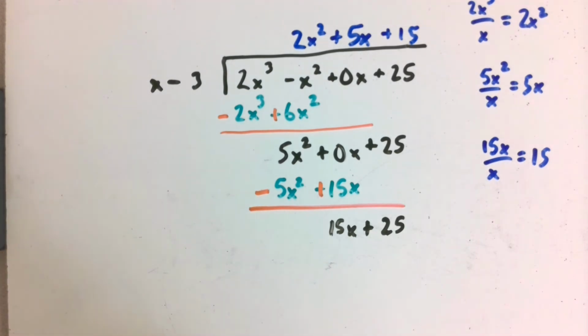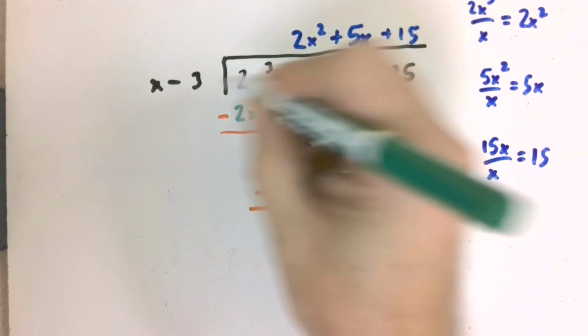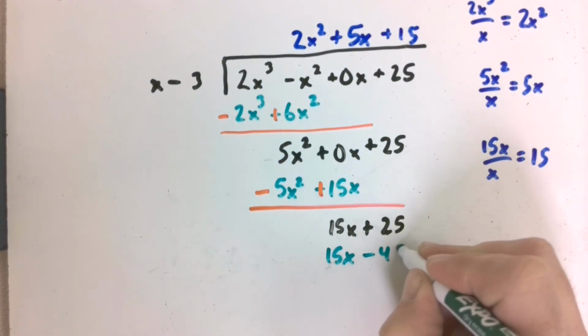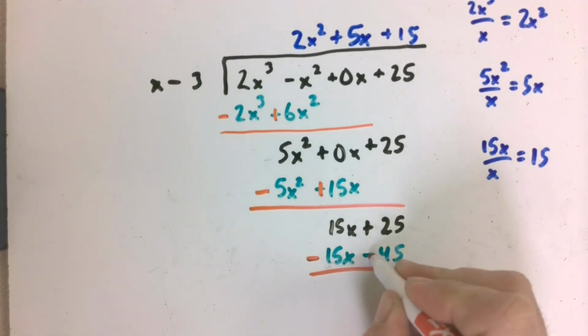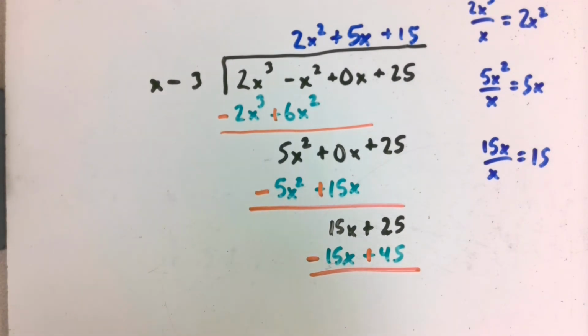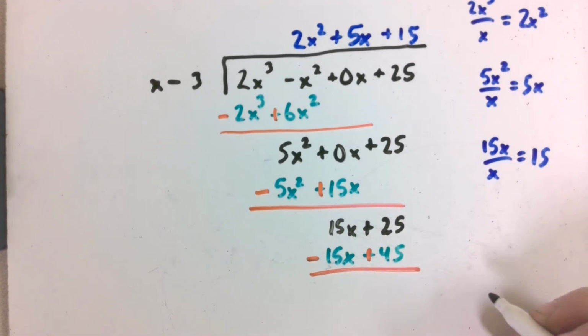Then the distributive property, 15 times x is 15x, and 15 times negative 3 is a negative 45. Then we subtract, so I'm going to change the sign of both of those terms in green. First term cancels out. The second term we have 25 plus 45. That would give me 70.